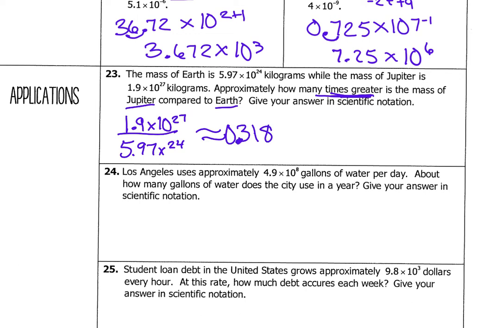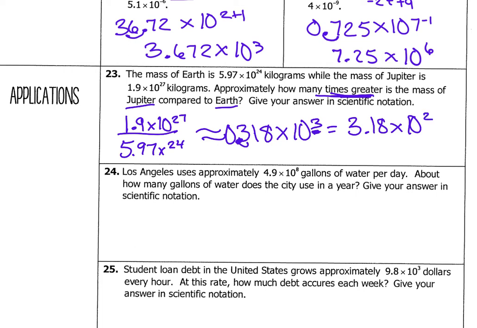So now if we put that into scientific notation, we get it first, times 10 to what power? The third. Now let's put that into scientific notation. 3.18, right? Times 10. If this became bigger, this needs to become one place smaller, right? To the second.